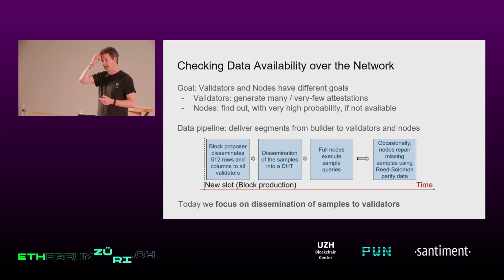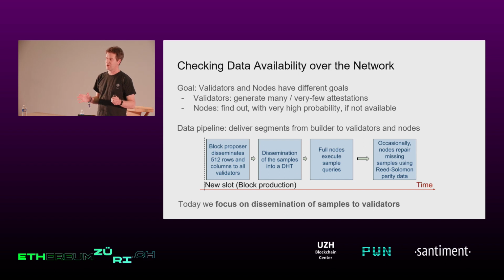For nodes, it's a bit different. They want to find out, with a very high probability, during the statistical sampling, if the data is not available. Because if it's not available, then it can be a block, which maybe it was even validated, but maybe there is some supermajority malicious among the validators, or maybe for other reasons. It should not be accepted.